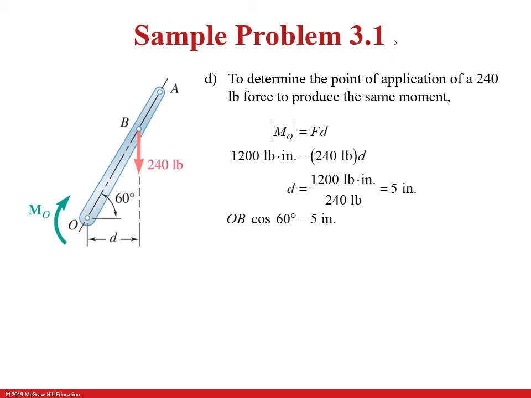So OB cosine 60, hypotenuse times cosine 60 is the adjacent value. So we just get OB is equal to 10 inches. So a 240 pound force has to be 10 inches from the origin on the lever, applied straight downward, to give us that same 1,200 pound-inch moment that the 100 pound force gave us at A. Remember, this is a 24-inch lever.